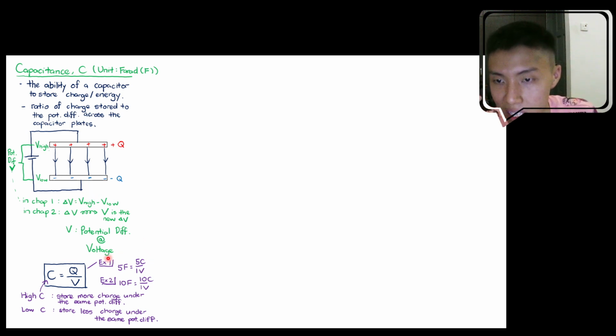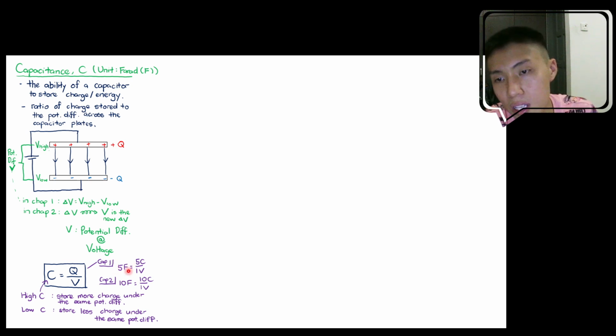For this capacitor 1, let me write it as example 1. So right now I have two capacitors. Capacitor 1 is 5 farad, capacitor 2 is 10 farad. So what does it mean?